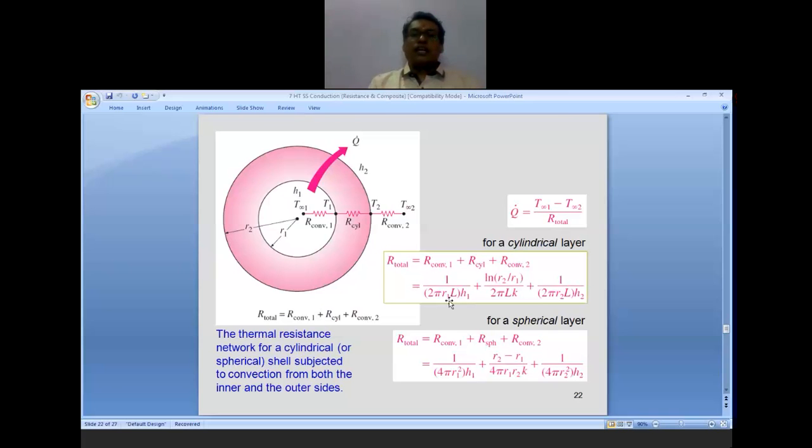R1, the inner surface area, is associated with H1. And similarly R2 is related to the outside heat transfer coefficient H2. H2 corresponds to R2.